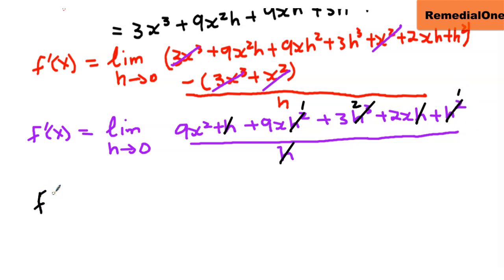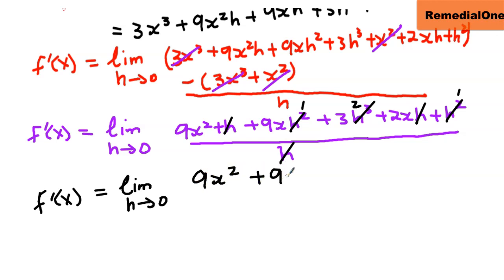The limit as h turned into 0, we got 9x squared plus 9xh plus 3h squared plus 2x plus h. But now we are going to substitute.